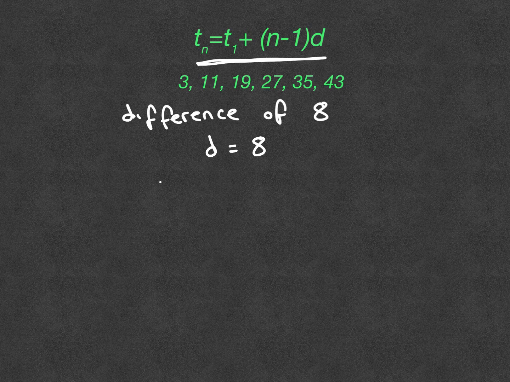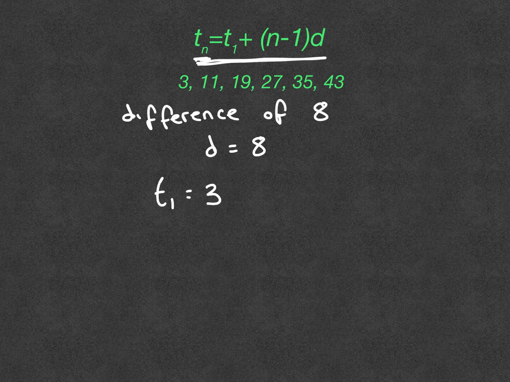Now remember, t_1 equals the first number in the sequence. In this case, the first number is 3. So t_1 equals 3. n just describes the term number that you're trying to find, so the n's will actually stay in the equation.